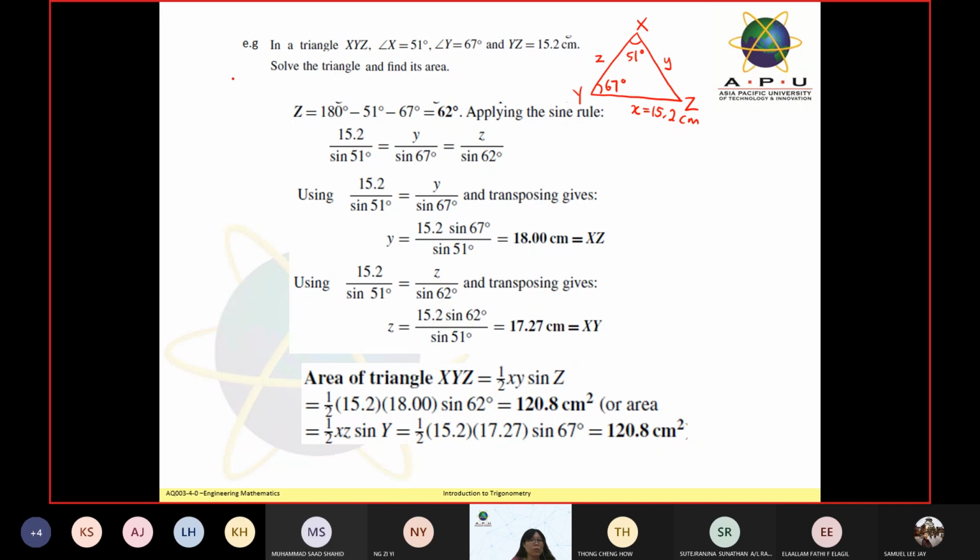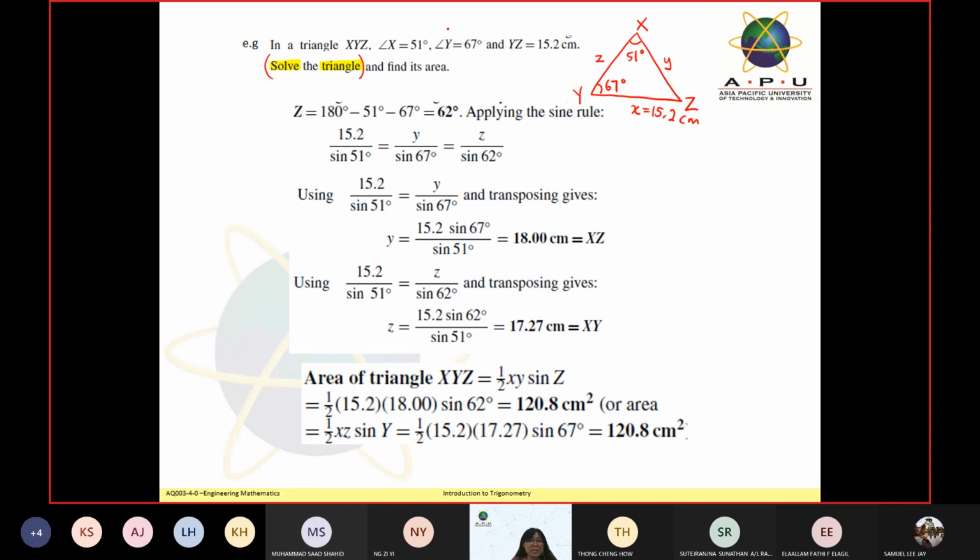Now, what is the requirement of the question? They say solve the triangle. What does it mean to solve the triangle? It means you need to find the angles that are not given.